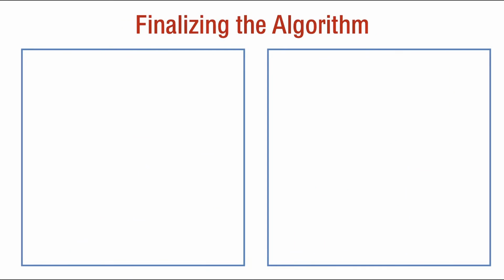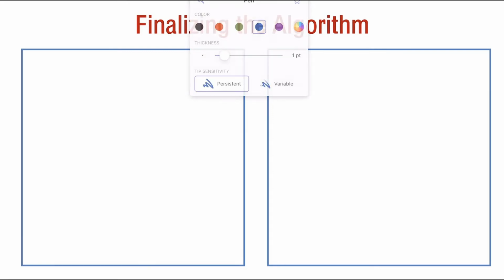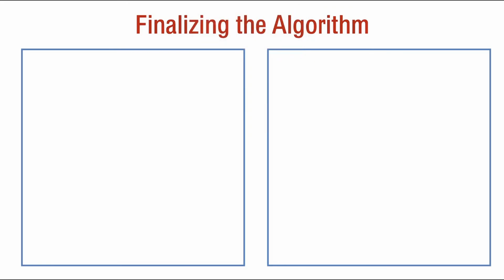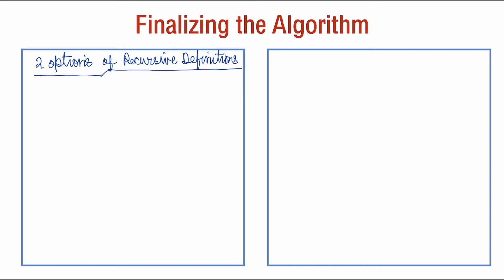So based on this, we now finalize our algorithm, and in order to finalize our algorithm, obviously we now have two options. We have two recursive definitions, and for these two options we have to analyze each one of them and see which one of them is better or are both identical.